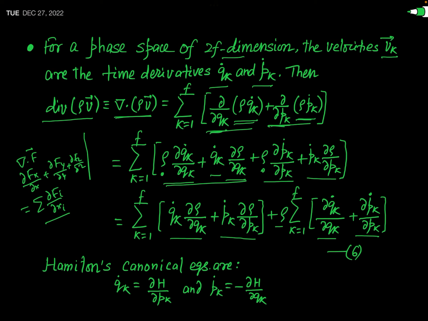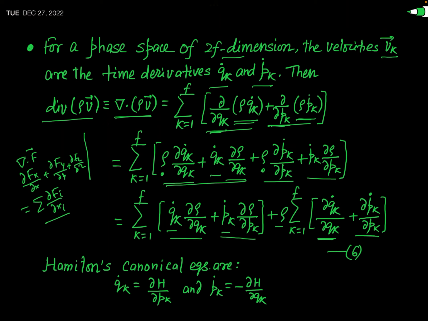Now what are these qk dot and pk dot? How are del qk dot by del qk and del pk dot by del pk related? All these things we can find by using Hamilton's canonical equations.